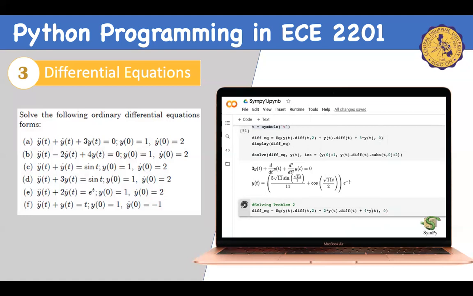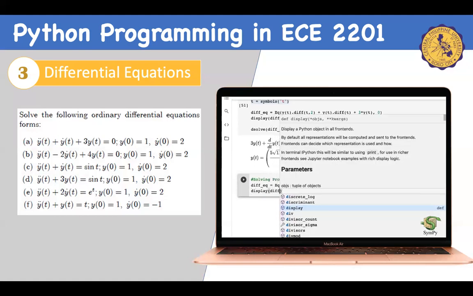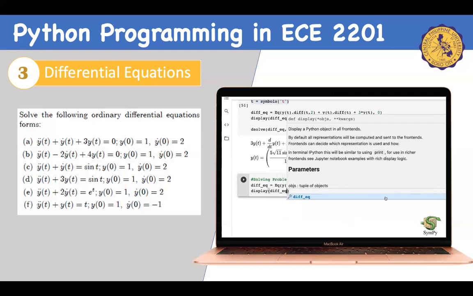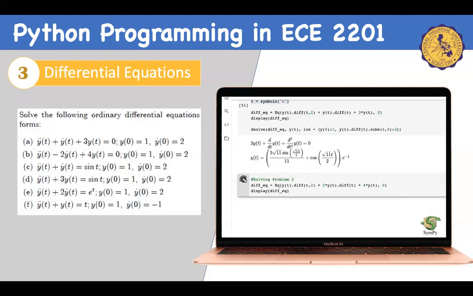That is equal to 0. Now, if you are going to display the function, you type display(diff_eq), the differential equation. Run the code. We have our differential equation.